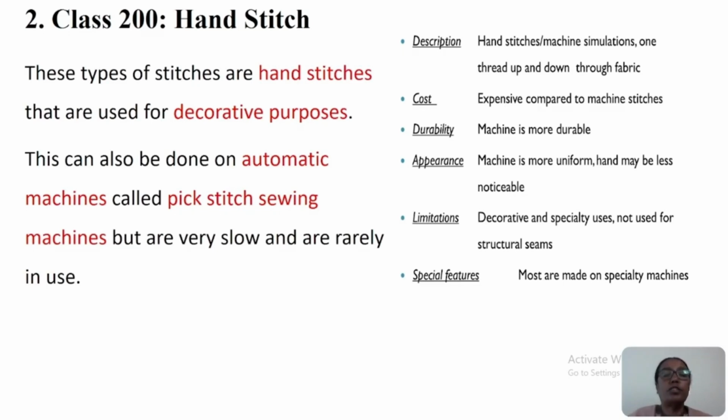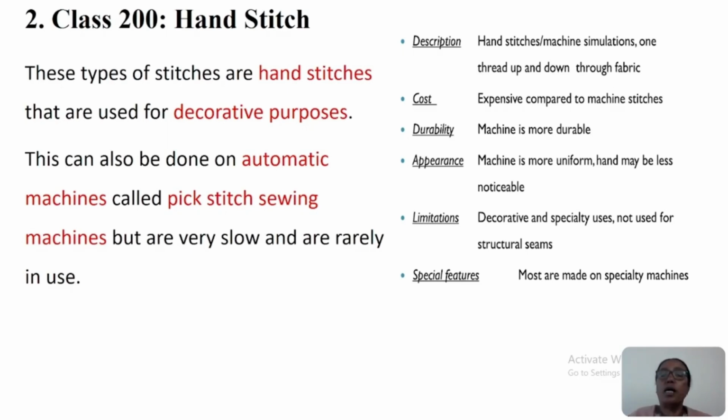This type of stitch is a hand stitch used for decorative purposes. This can also be done on automatic machines called pick stitch sewing machines, but they are very slow and rarely in use because this stitch type is mostly done by hand, but sometimes it can be done with automatic machines called pick stitch machines.